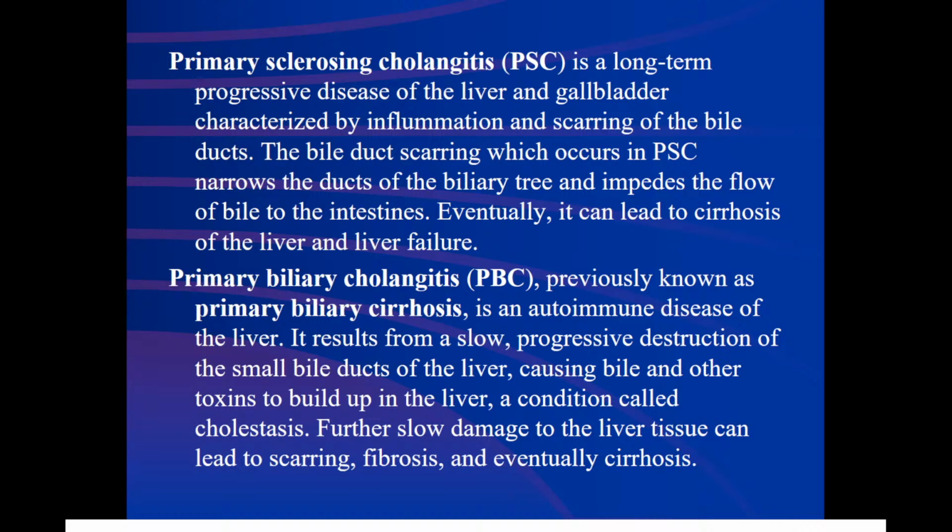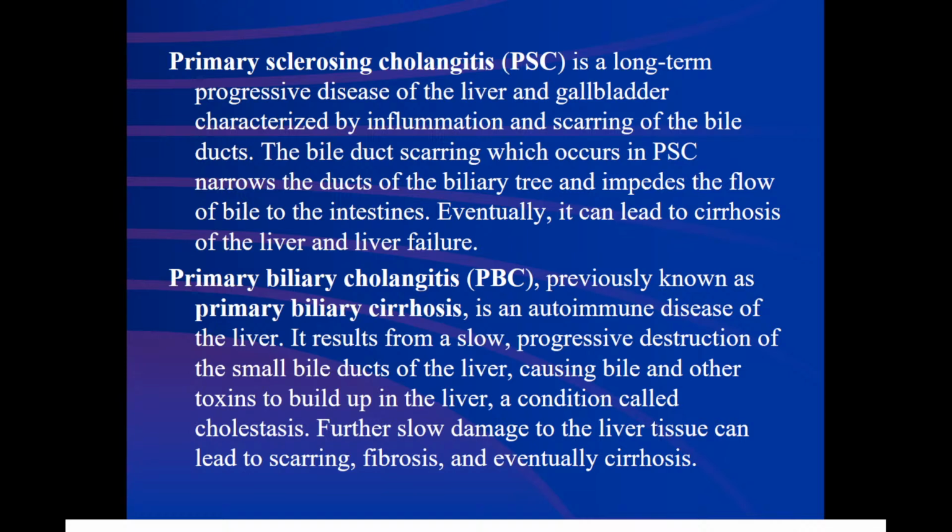Primary biliary cholangitis, PBC, previously known as primary biliary cirrhosis, is an autoimmune disease of the liver. It results from a slow, progressive destruction of the small bile ducts of the liver, causing bile and other toxins to build up in the liver, a condition called cholestasis. Further slow damage of the liver tissue can lead to scarring, fibrosis, and eventually cirrhosis.